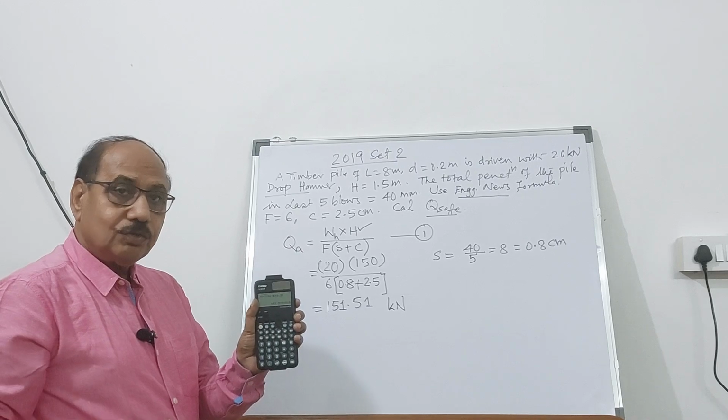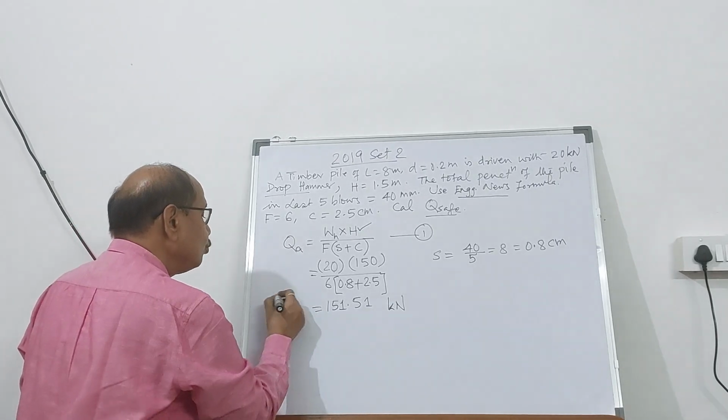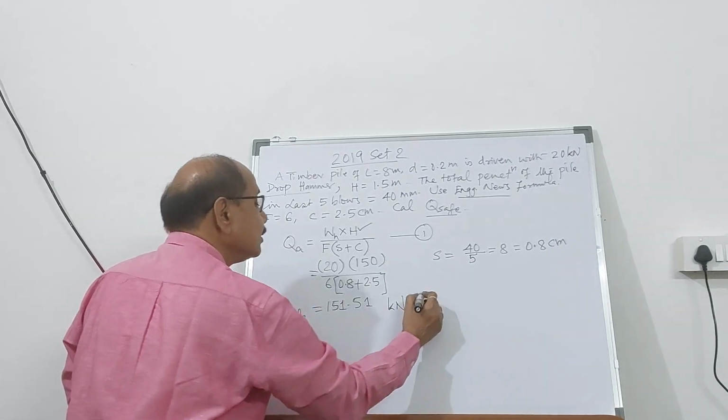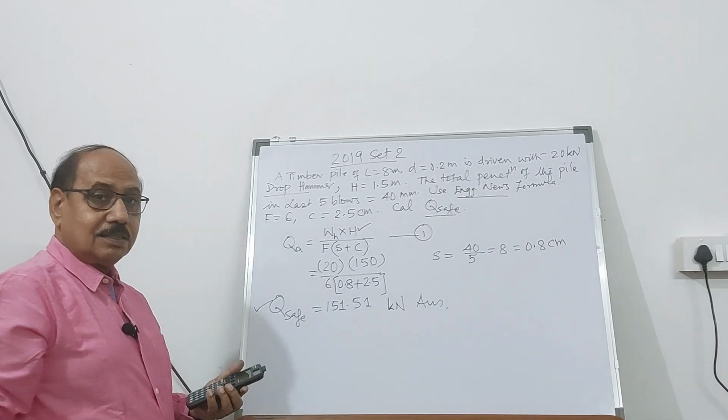So this is how you can find the answer of this question, the Q safe or Q allowable.